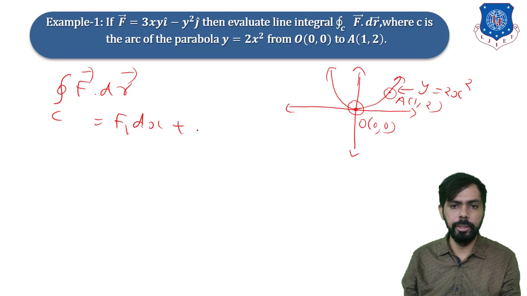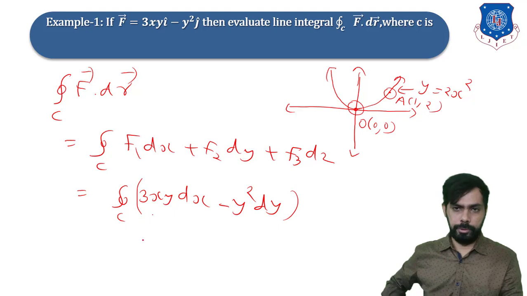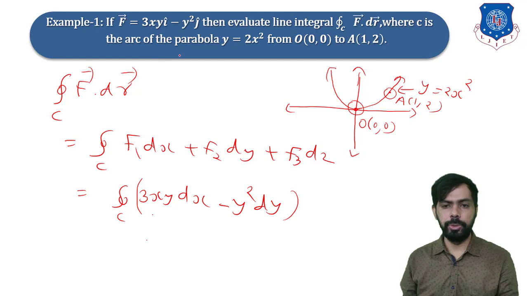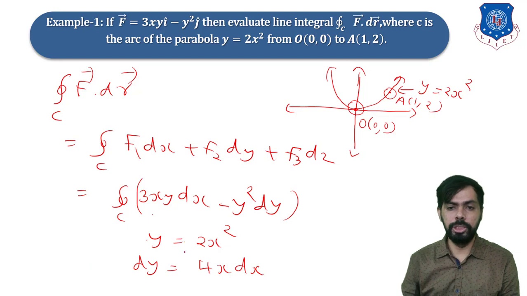Here f1 will be 3xy dx, f2 will be minus y square dy, and the k component is not there, therefore it will be 0, so no need to write it down. Here the curve is the parabola y equal to 2x square. Therefore dy is equal to 4x dx. We will convert this function in the form of x.